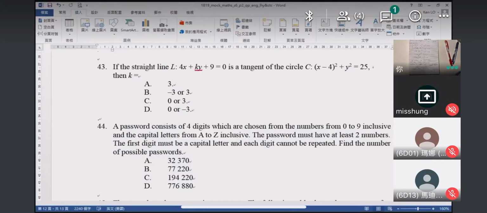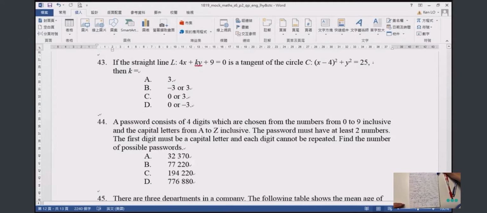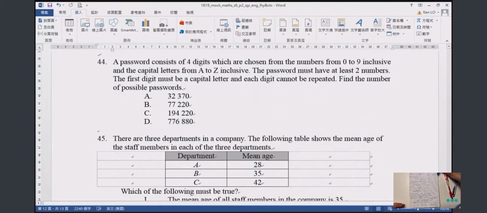Okay, last two questions. Number 44. You have a 4-digit password, with numbers from 0 to 9 and capital letters A to Z. The password must have at least 2 numbers, which means 2 numbers and 2 capital letters, or 3 numbers and 1 capital letter, or 4 numbers.